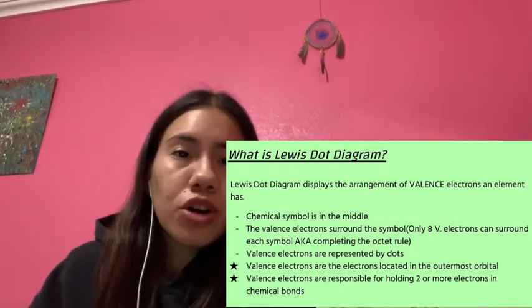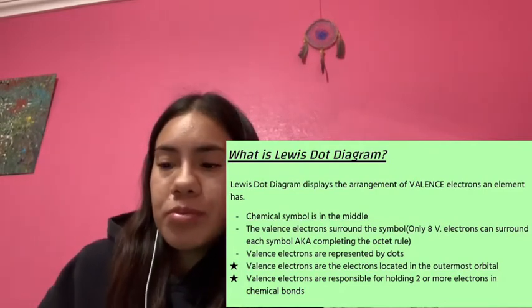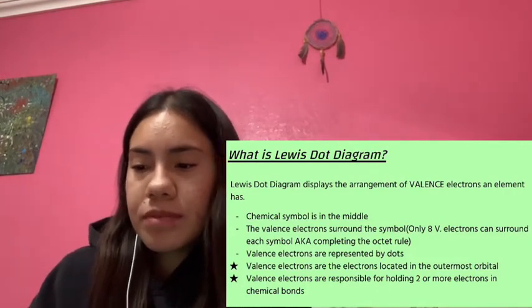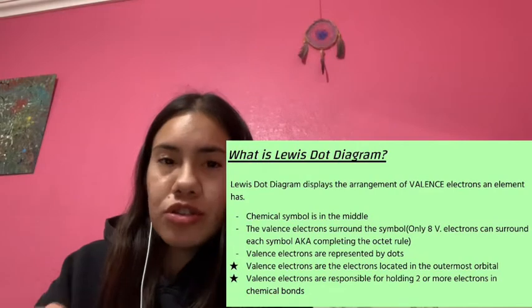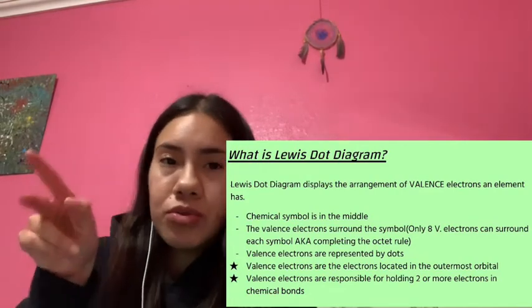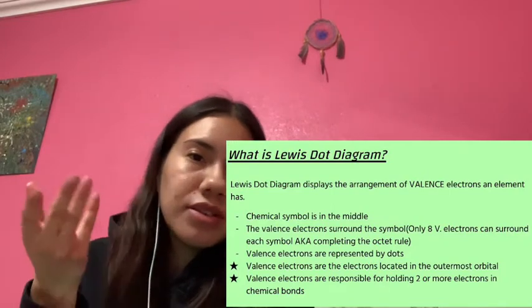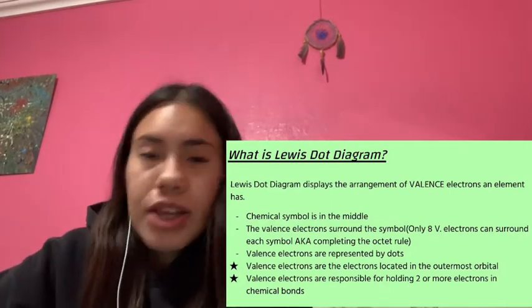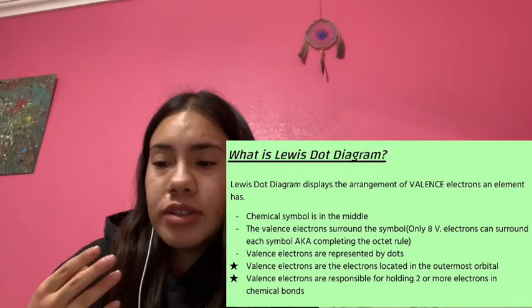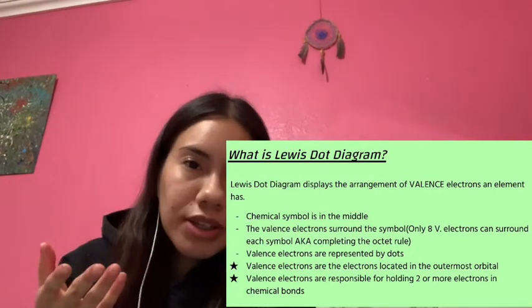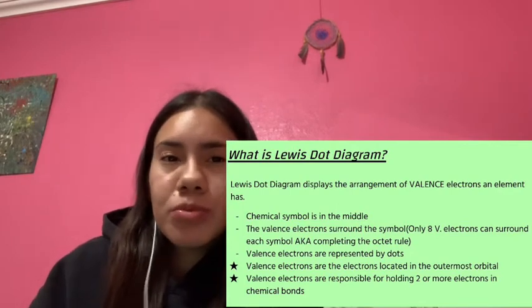So for carbon, we could put 2 on the top and 2 on the side, or 2 on the top and 2 on the other side. It doesn't matter, but that's just for a single atom. If we're doing bonds, which I'll show an example of later, then it would be different. Well, not completely different, but the process would be a little bit longer.